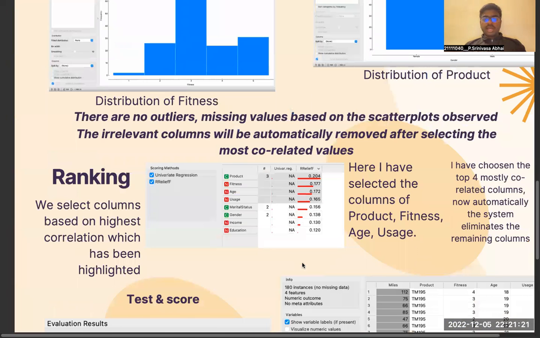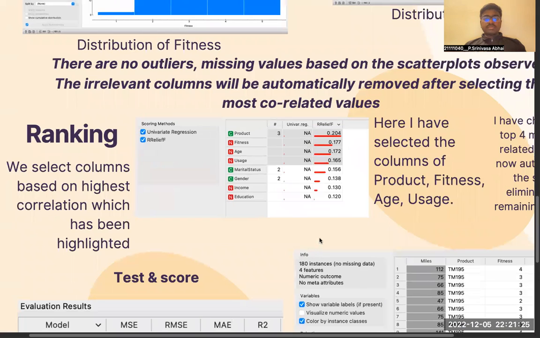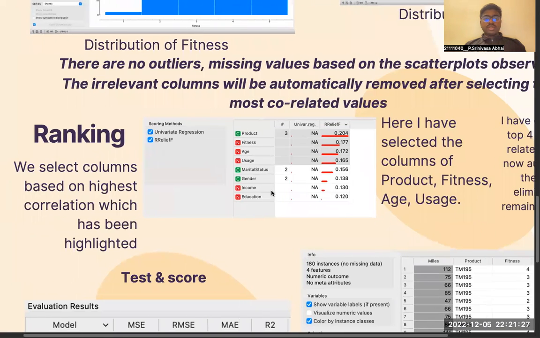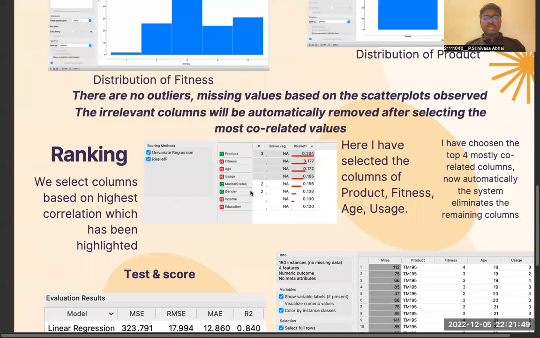Now let's go to the ranking of the dataset. To design a machine learning model, we have to find the most correlated features. I have taken the top four correlated features, which are product, fitness, age, and usage.